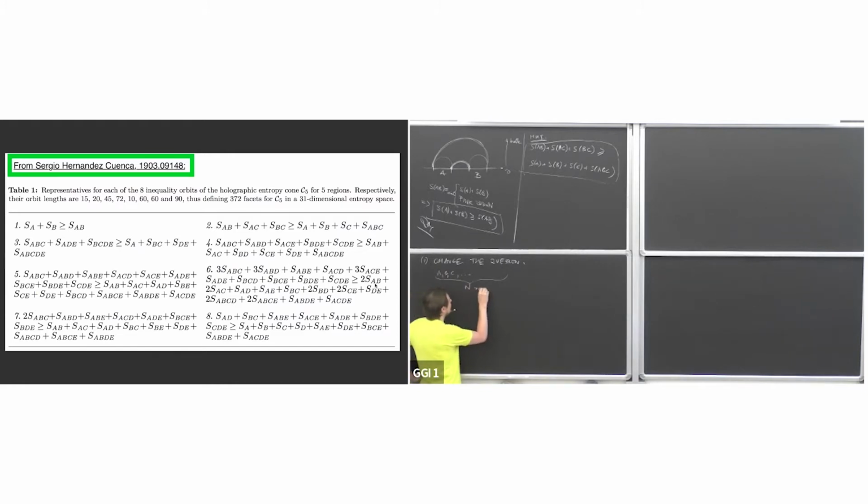I should say one more thing here, which is that the problem of considering a general mixed state for n regions is equivalent to the problem of considering a general pure state on n+1 regions, because you can always just introduce some purifier that purifies the whole thing.